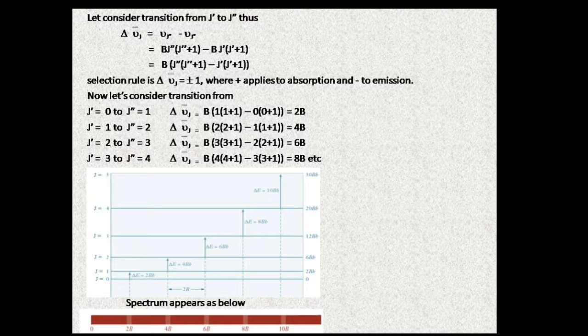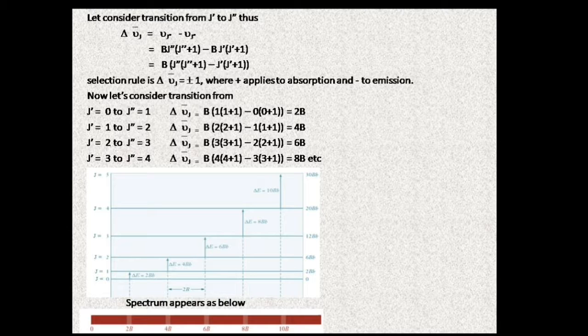Now let us consider the transition from j dash is equal to 0 to j double dash is equal to 1. Put this value in the above equation, so you get delta nu bar j is equal to twice B. Now consider the transition from j dash is equal to 1 to j double dash is equal to 2. Put this value, so you get a spectral line at distance 4B.